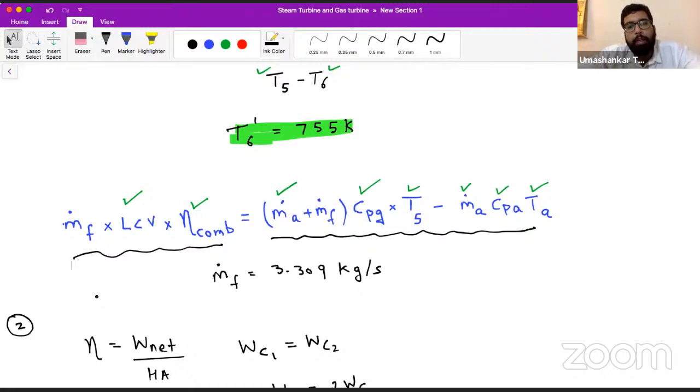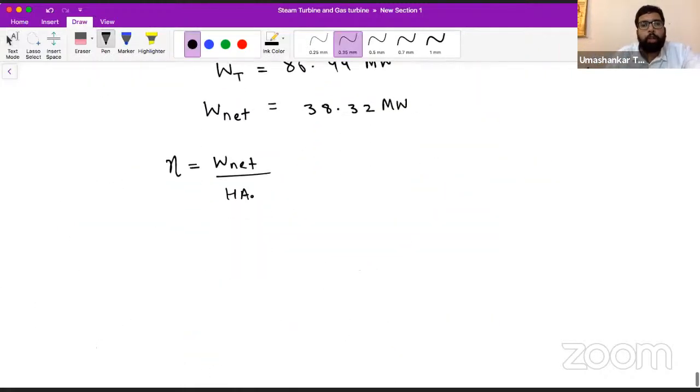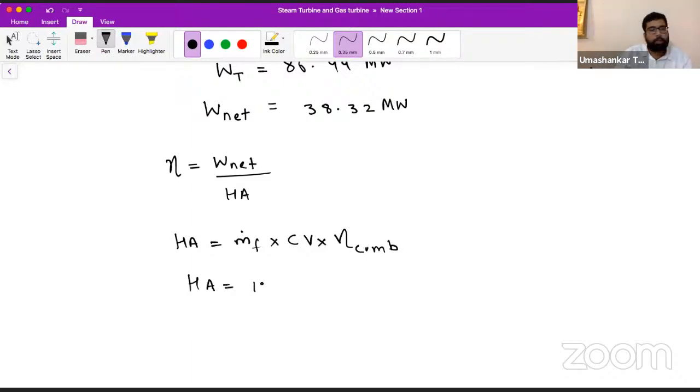My mind is telling me I should use the simpler equation. So I will use the net heat addition: m dot f, calorific value we have, combustion efficiency we have. So if you put all the values, you will have 132.02 megawatt.